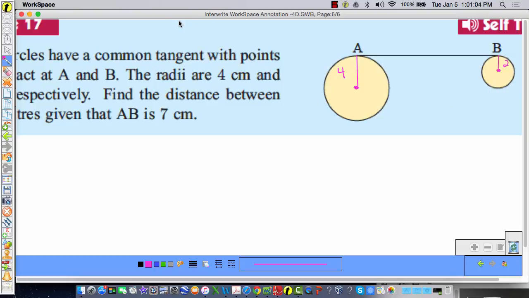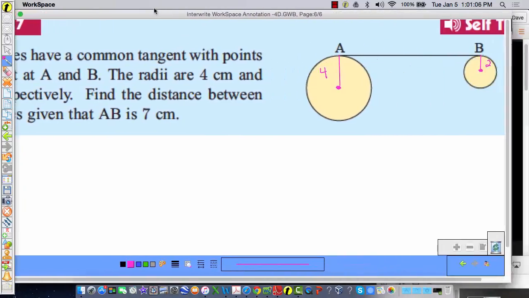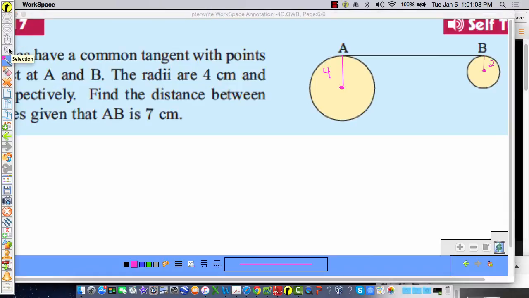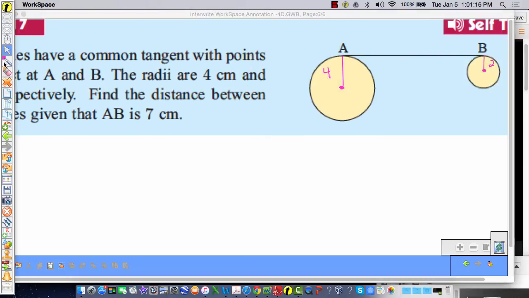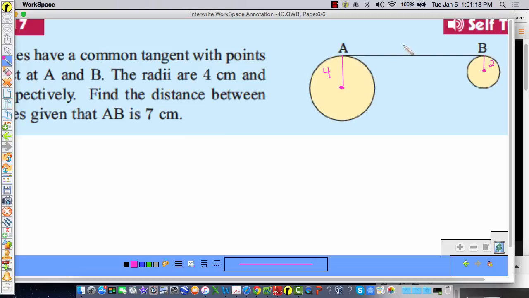Find the distance between the centers given that AB is 7 centimeters. So let me just move that over so you can see it. So I will label that for us. AB is 7.